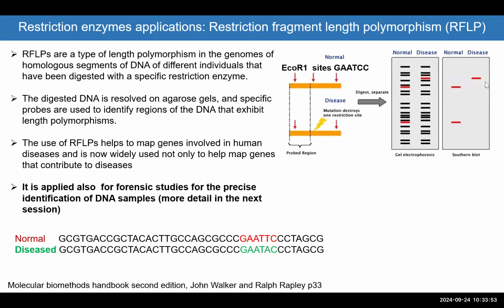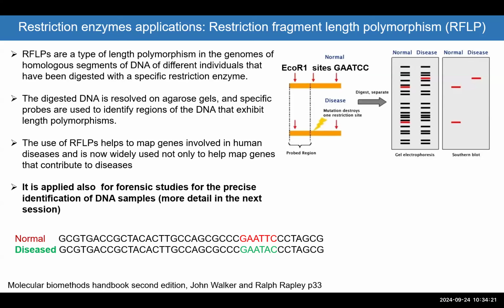And therefore, a diseased person would not have a digestion of the DNA, while a normal person will have two fragments of the DNA. So this is the easiest way to detect if a disease is dominantly happening in a population compared to another, by looking at the restriction fragment length polymorphism.